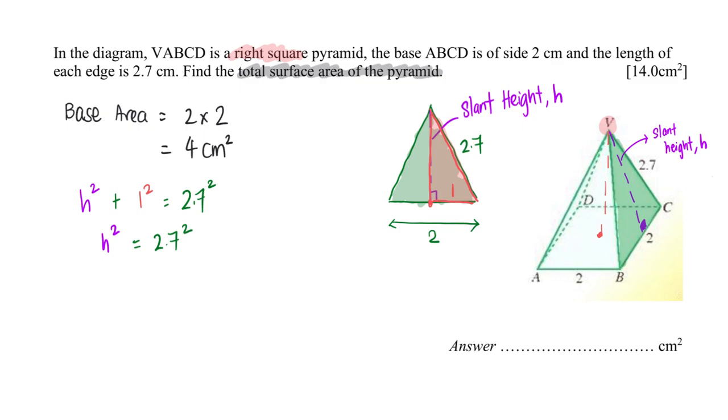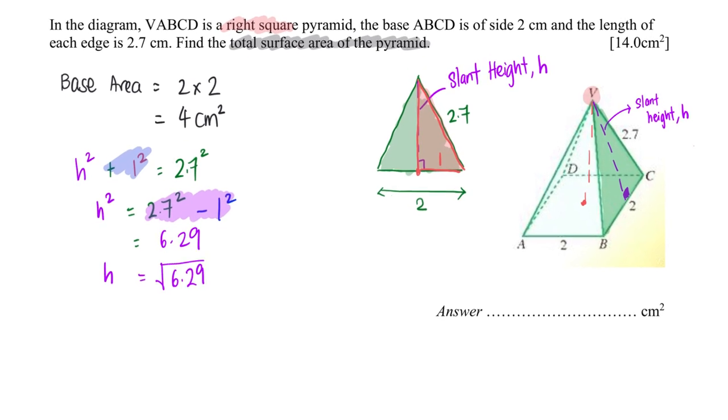I'm going to minus off the 1 square, and finally this will give me a value of 6.29. So 2.7 square minus 1 square is equal to 6.29. So my h is simply the square root of 6.29. I'll leave it as it is first, because then I will be able to get my final answer pretty soon.